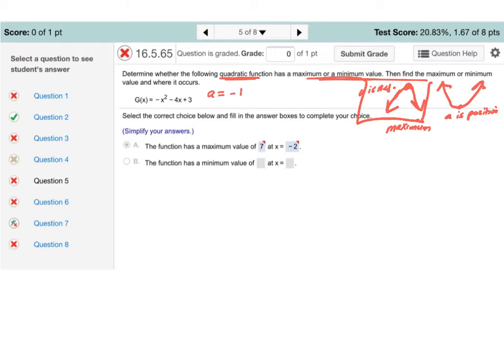From the vertex, the first coordinate, negative b over 2a, will give us where our maximum occurs, and f of negative b over 2a will give us our maximum value. Since we already have the value of a, we can write the value of b, which is negative 4.